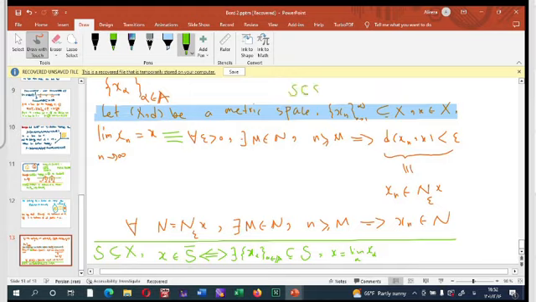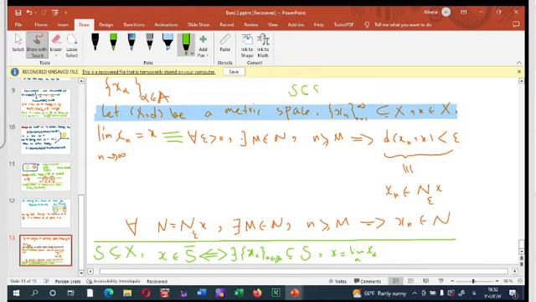This is a contradiction, since this is a net in S. All of the x_alpha must belong to S. But we proved that these elements do not belong to S, and this is a contradiction.